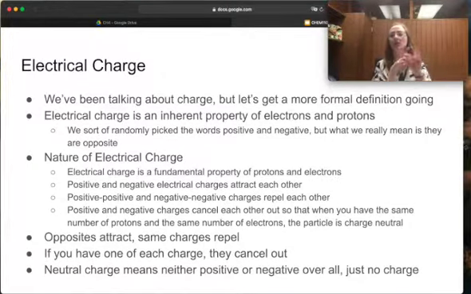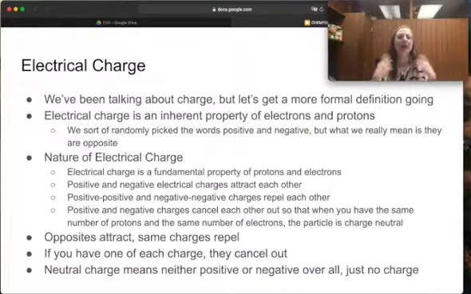We consider it to be a neutral charge, a charge of 0. If we're talking about no charge, we could call it 0, we could call it neutral, we could say no charge. So that's the idea in the last point: if you have the same number of positive and the same number of negative, the electrical charge is neutral.